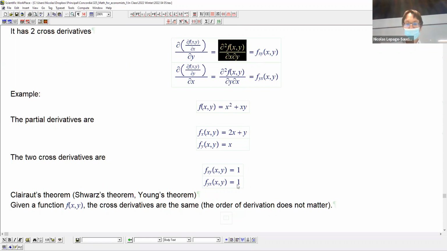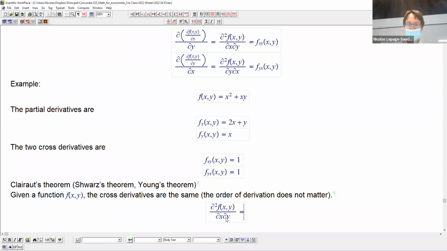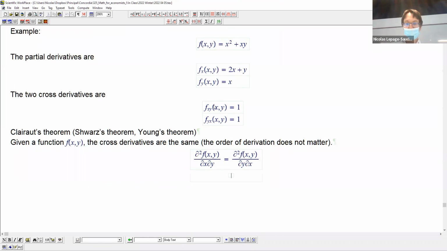So this is equal to that, or simply this is equal. All right. So this is a very neat thing that is quite useful and quite interesting.